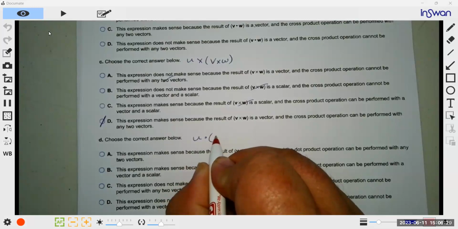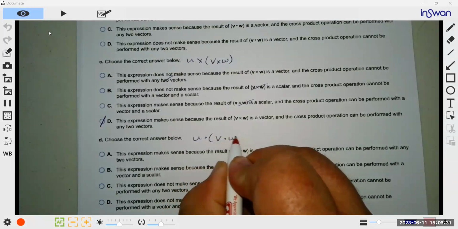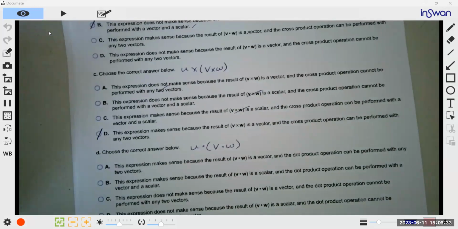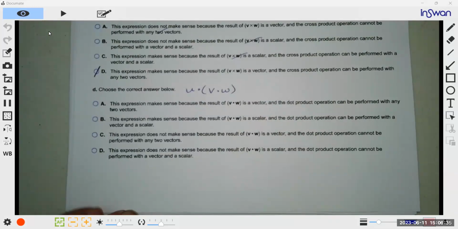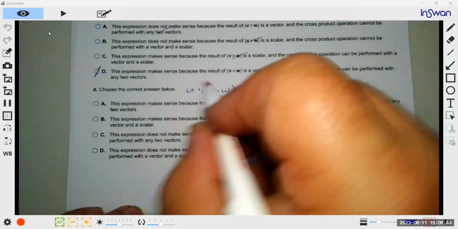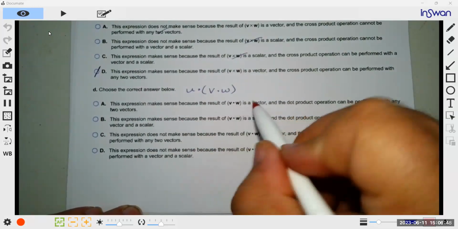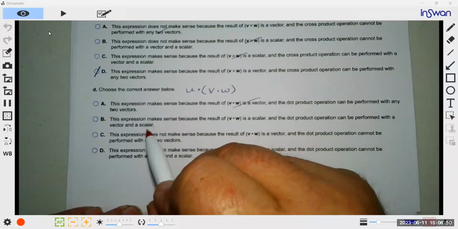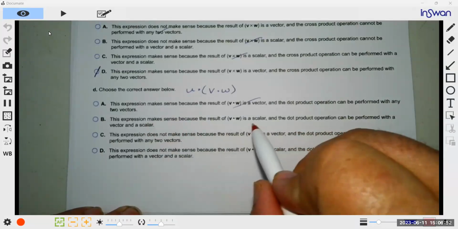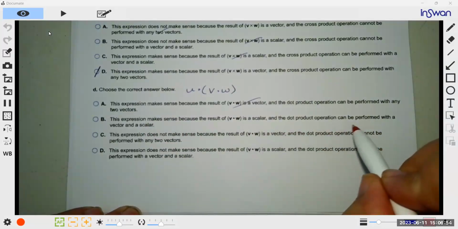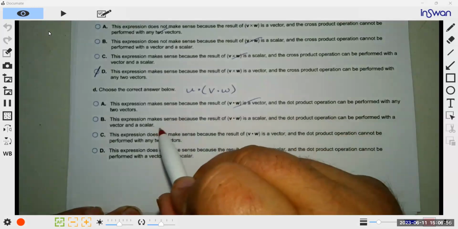U dot V dot W. All these questions are about understanding the difference between vectors and scalars and the cross and dot product. The expression makes sense because the result of U dot V is a vector. No, it's a scalar. It makes sense because the dot product can be performed with a vector and a scalar.